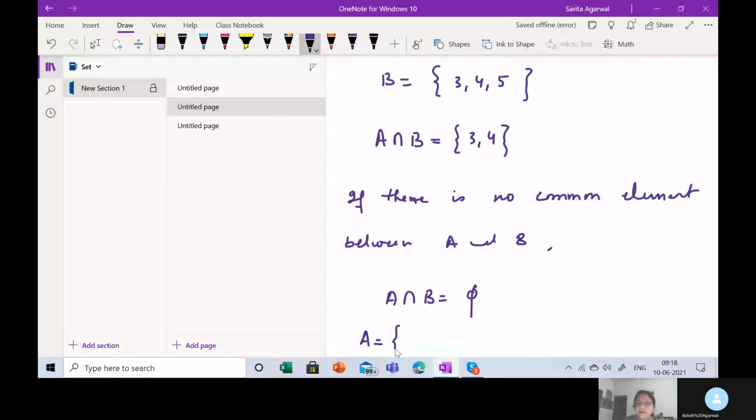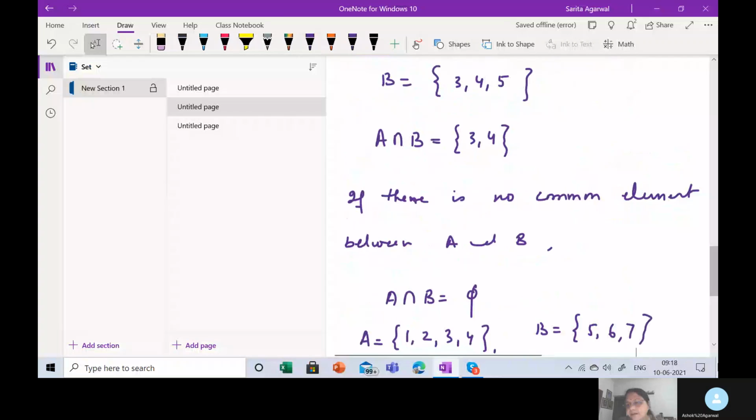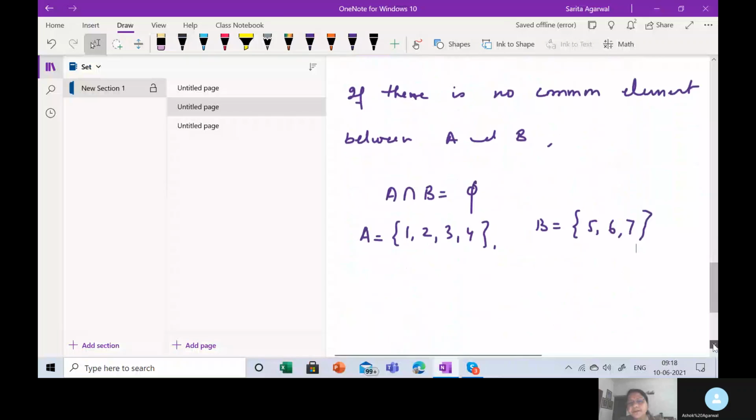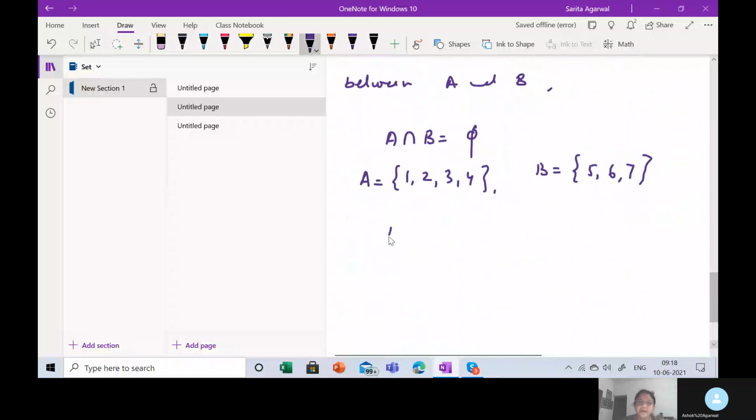You can see this if A is 1, 2, 3, 4 and B is 5, 6, 7, right? In this case, A intersection B is the empty set. We have no common element between them.